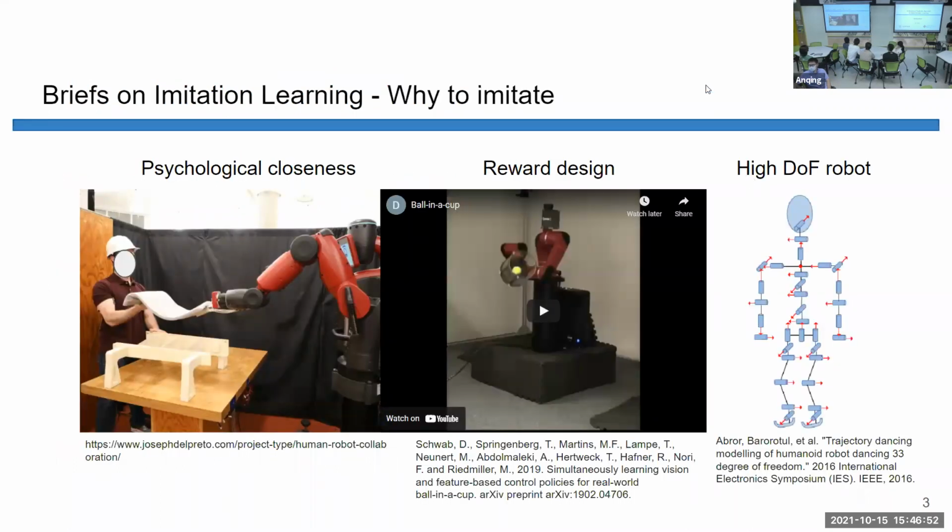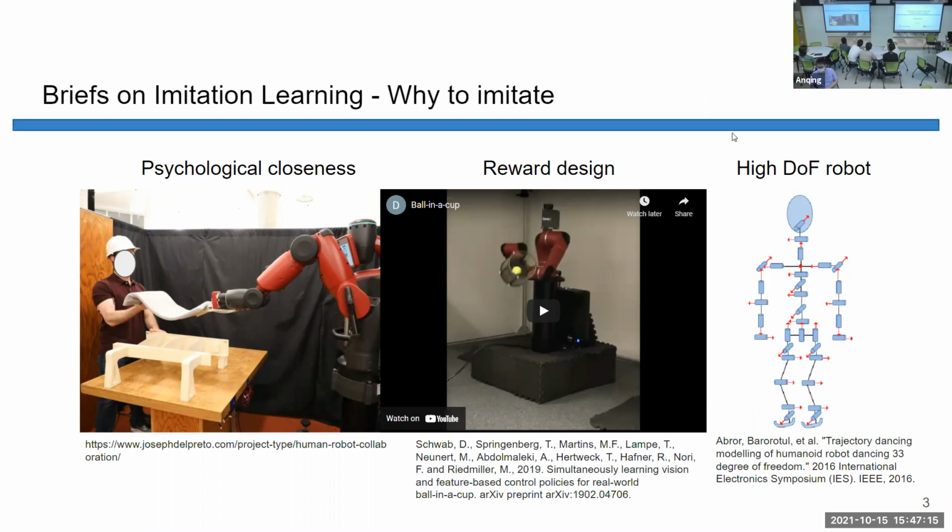Okay, first, the motivation for imitation learning. Why should we consider imitation learning? Well, from a psychological point of view, if a robot can behave in a human-like manner, then it is more acceptable for a human coworker to work besides a robot.